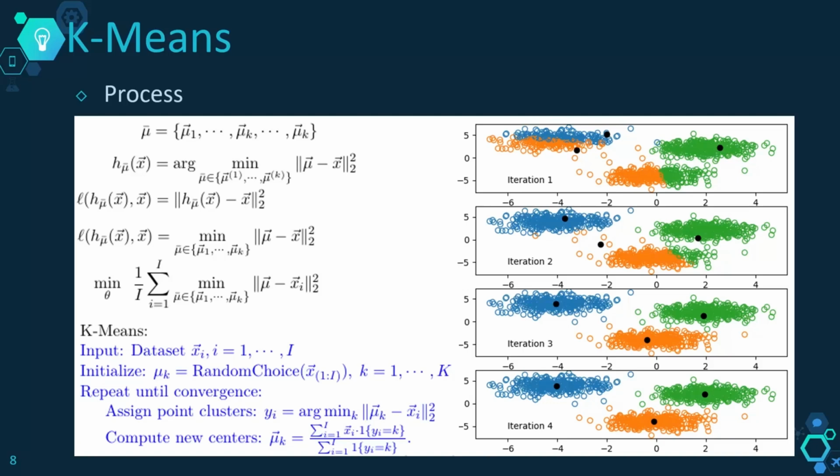The third one is here, so these points are close to it, and they belong to the green group. And this point is still close to here, so it belongs to the second one. Let's call it cluster 1 blue, cluster 2 orange, cluster 3 green. Does it make sense to you? This is actually the result generated by code, so it's a real thing. So this is the first iteration.